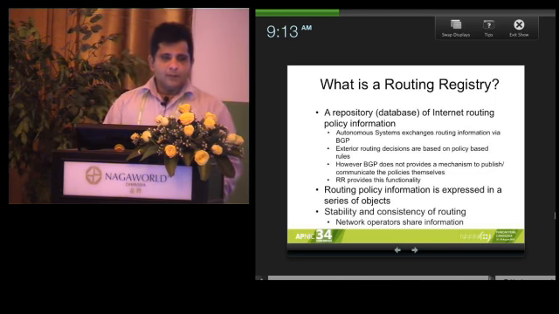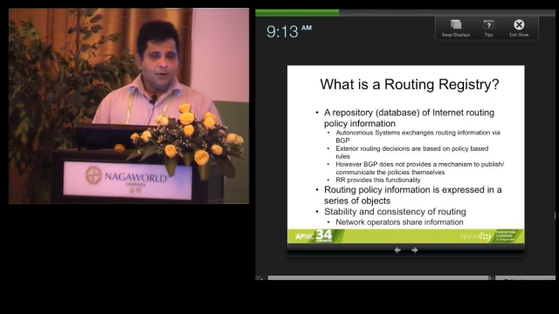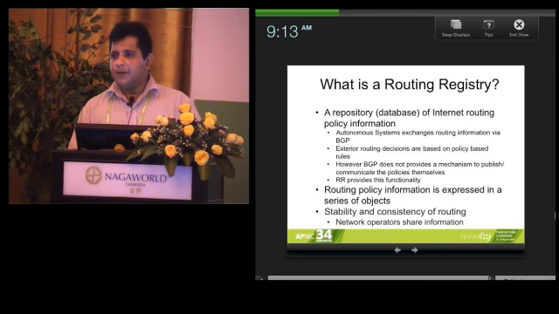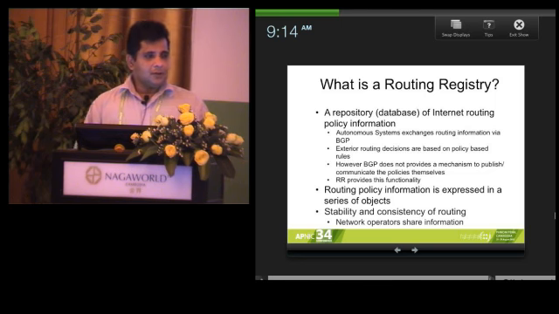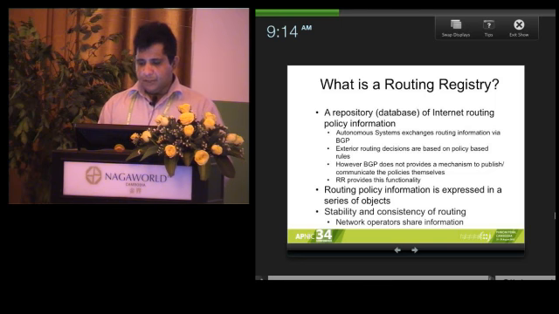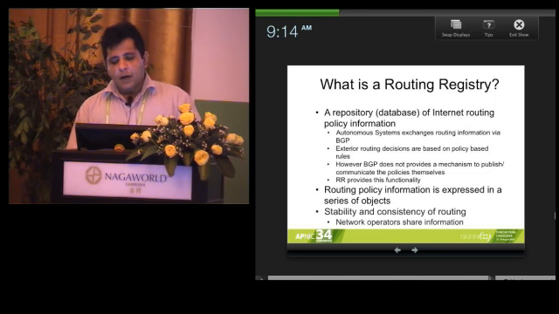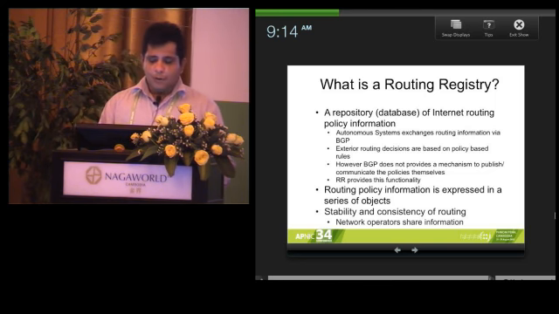if you consider an autonomous system number, inside the AS you use an interior gateway protocol, IGP, as well as to talk between AS numbers, or autonomous systems, you use an EGP, like BGP in this case, right? So we use these routing protocols.